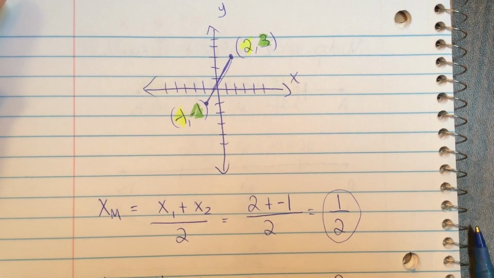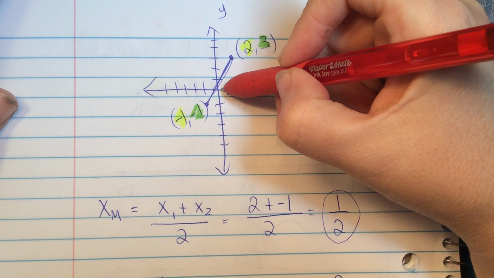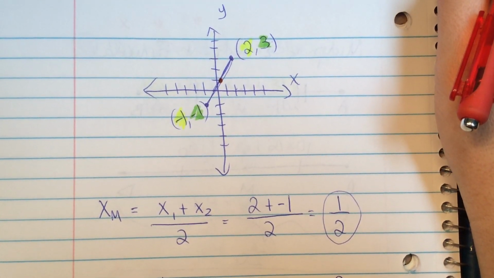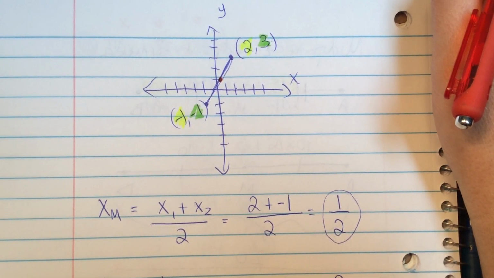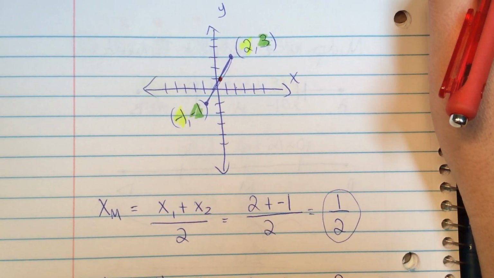So let's go over 1/2. So that would be right about here and then up 1. Yeah, probably if I drew a little better. Yeah, it looks pretty close. I would agree with that. That is definitely the midpoint between those 2 points.